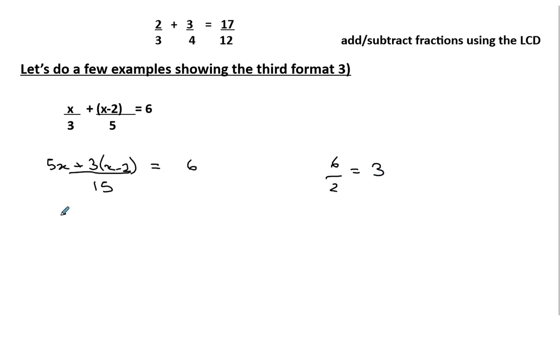Okay, let's expand this out. So 5x plus 3x, and then minus 6 equals 6 times 15, which is 90. And then you've got 8x minus 6 equals 90. Add your 6. 8x equals 96, divided by 8.